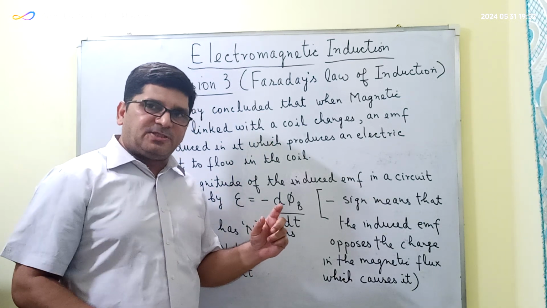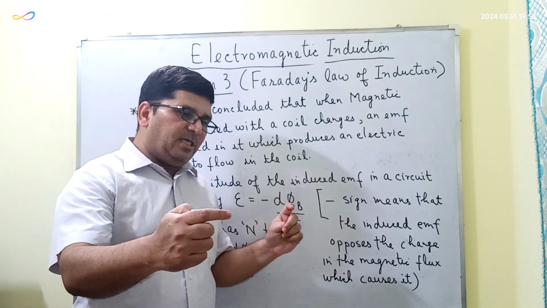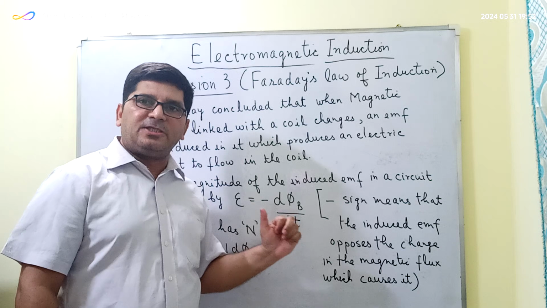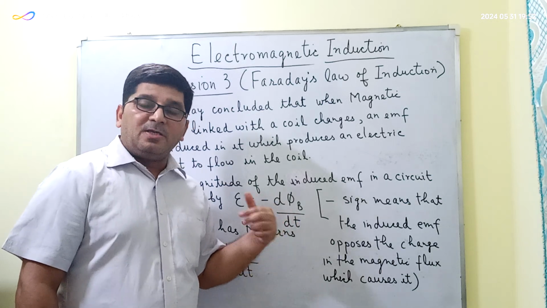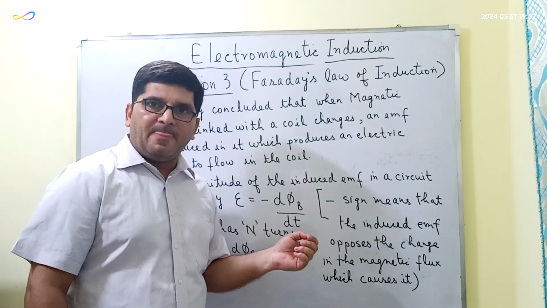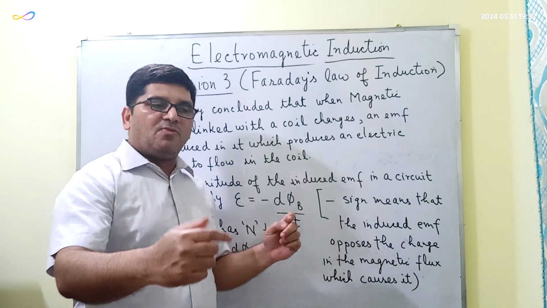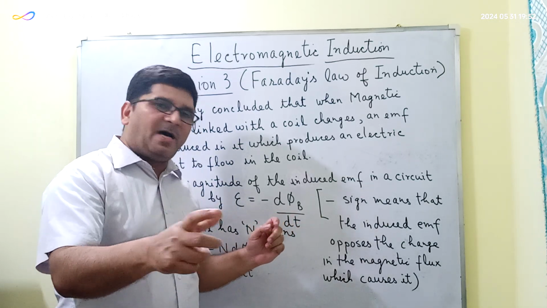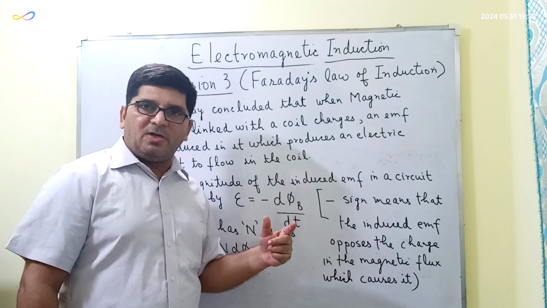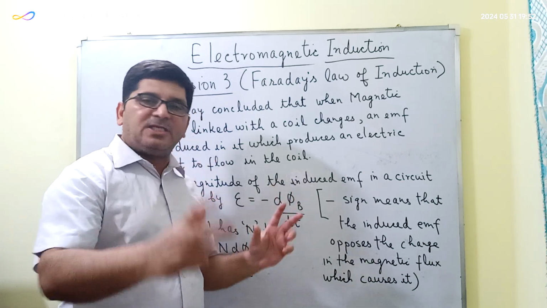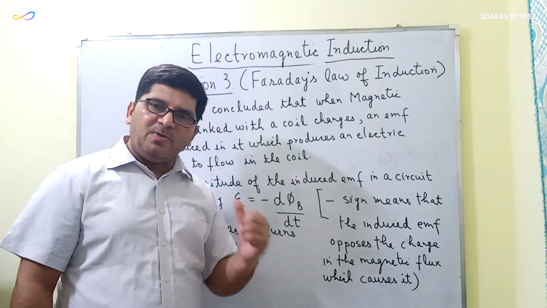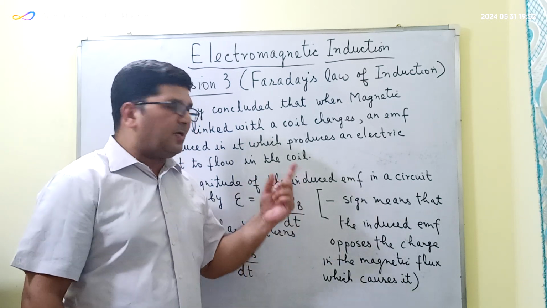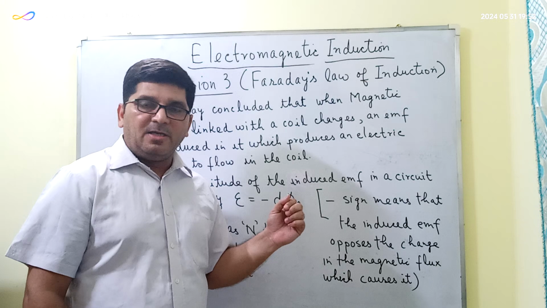In both cases, he found that an EMF was induced in this closed coil due to the changing magnetic flux, because the magnetic flux was found to be changing due to the relative motion of the bar magnet and the closed coil. Due to the changing magnetic flux, an EMF was induced in this closed coil, and that induced EMF produced an electric current in the coil.